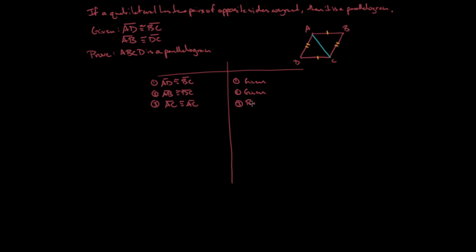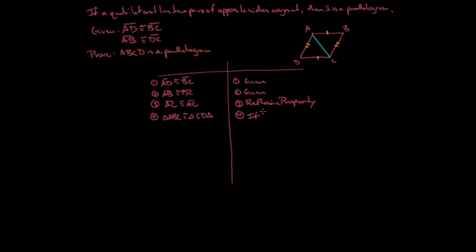This is, of course, the reflexive property. Now I have three pairs of sides congruent, so I can prove these triangles congruent by side, side, side. Triangle ABC is congruent to triangle CDA by side, side, side.